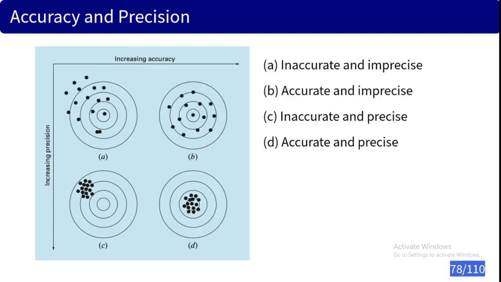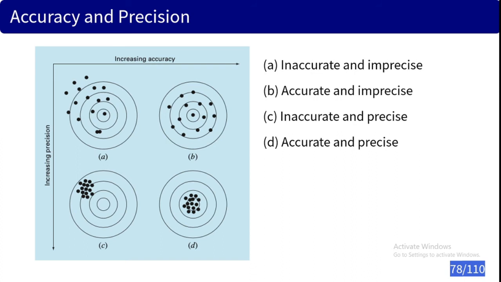Okay? So it is best illustrated in this figure. Let's look at the four figures here, the four bullseyes. The center circle, the bullseye, represents our true value.